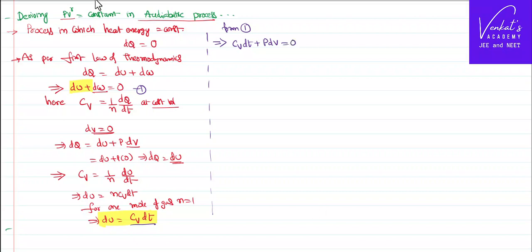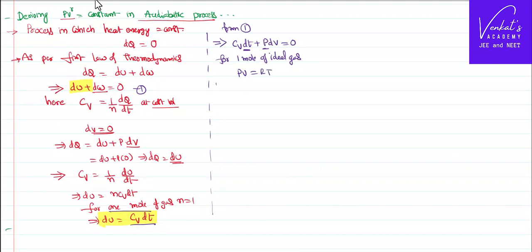Now I need to write this Cv dT also in terms of P's and V's. So I can recall for 1 mole of ideal gas, as we already took 1 mole, the ideal gas equation is PV equals nRT, but that n equals 1.